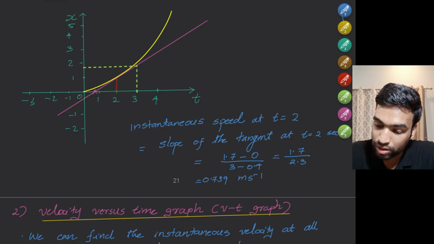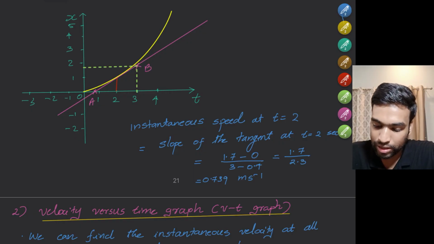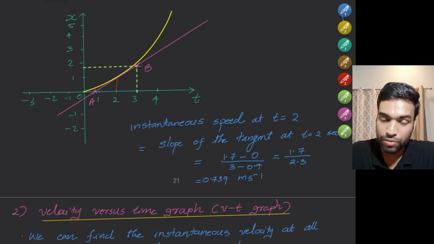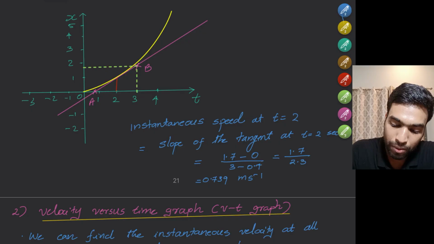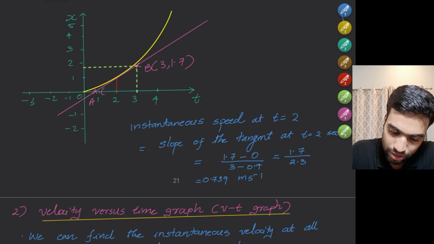To find the slope of the tangent, let's take this point A and this point B, and find the corresponding delta x and delta t, then we can divide, right? Point B is clearly (3, 1.7), and point A is something like (0.7, 0).